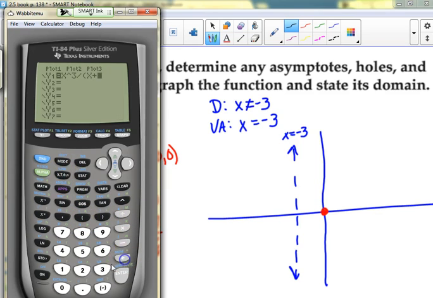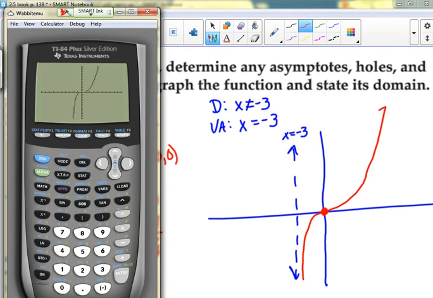Thank you. Okay. Now, so I get this. And it's looking like a parabola over there. But there's a vertical asymptote.